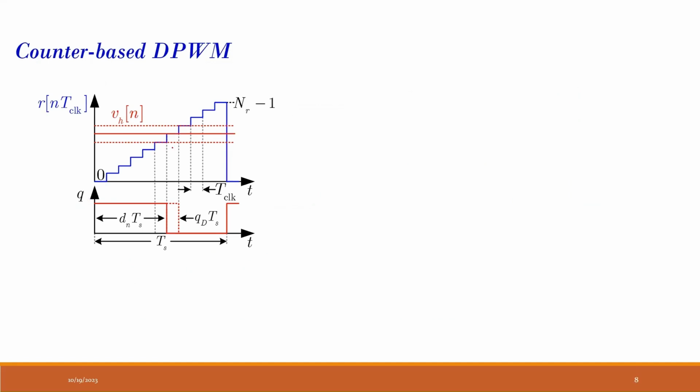This has a certain resolution for whatever duty cycle it can generate. In this case, it can generate a duty ratio up to this, or add this much of extra duty ratio, or this much. So there is a certain unit level of duty ratio that can be generated from this counter-based DPWM approach.